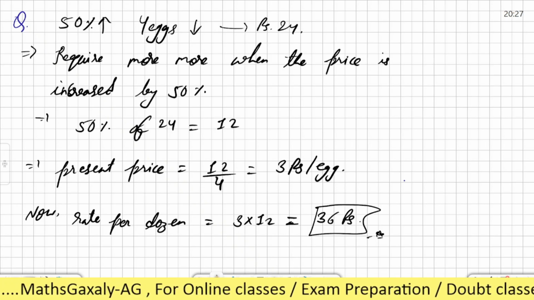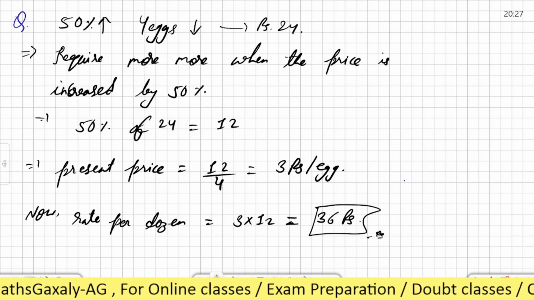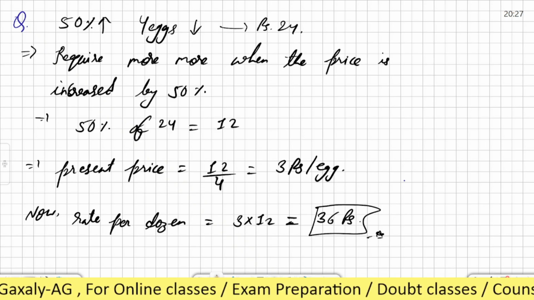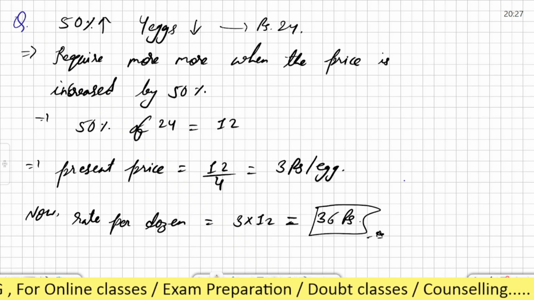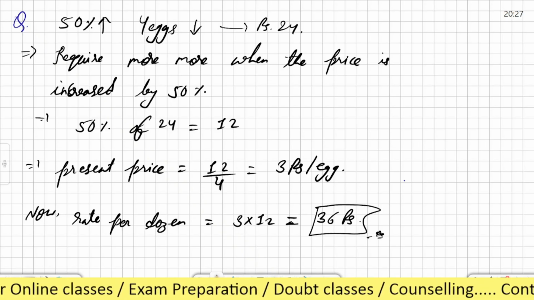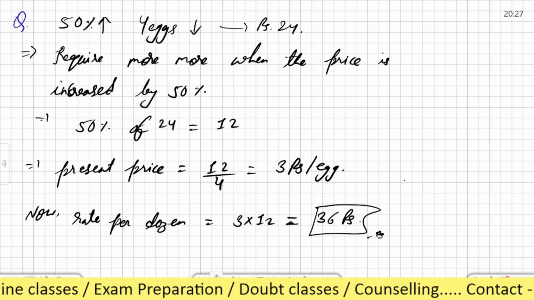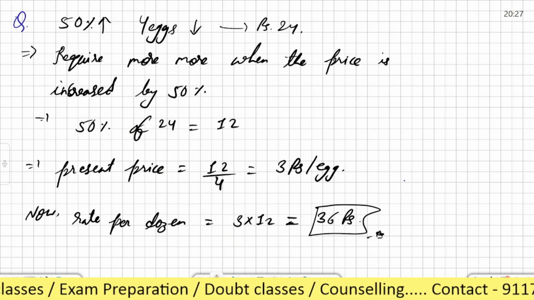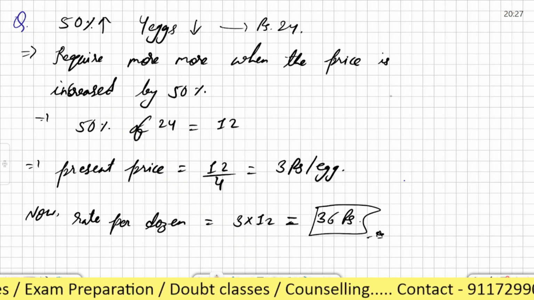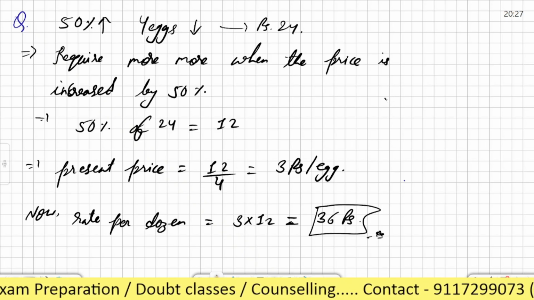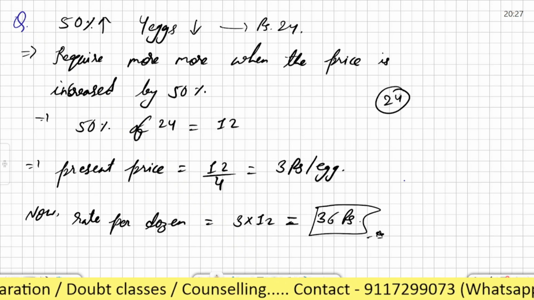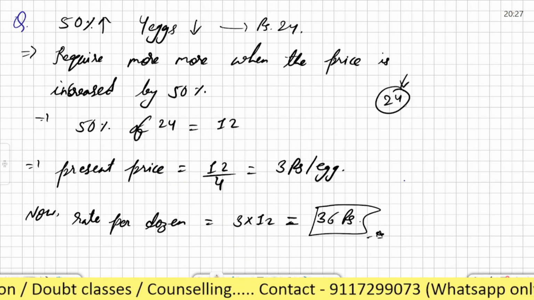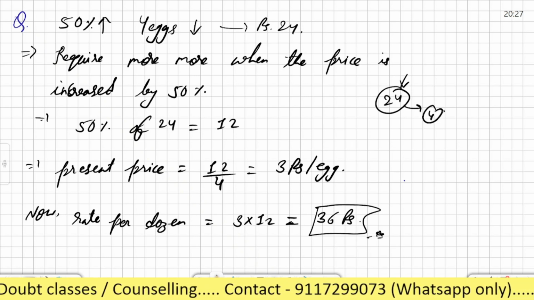Sir, how is it 12 by 4? Okay, listen. Understand here. Due to an increase of 50% in price, 4 fewer eggs are available for rupees 24. Suppose it was initially priced 24, and with an increase of 50% on 24 rupees, we are getting 4 eggs less.